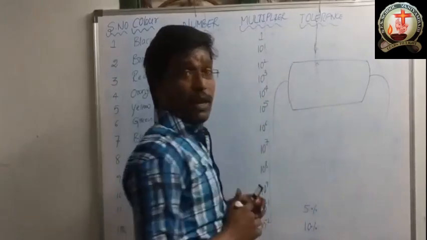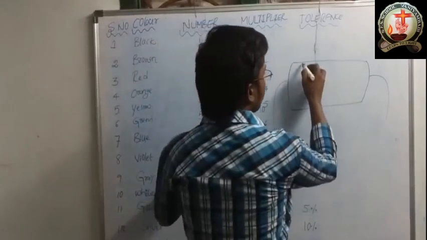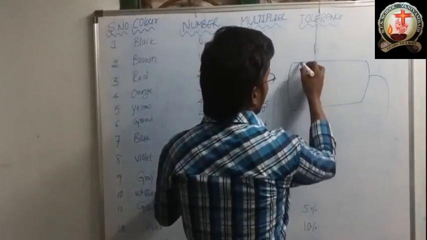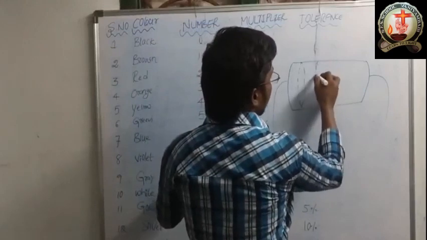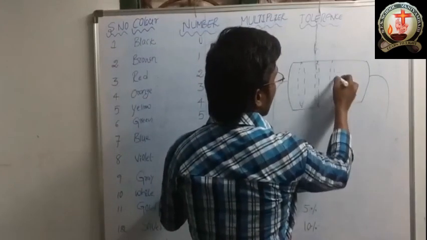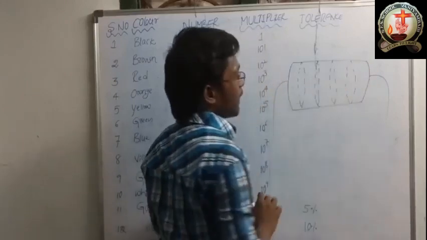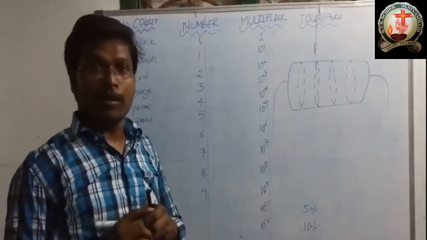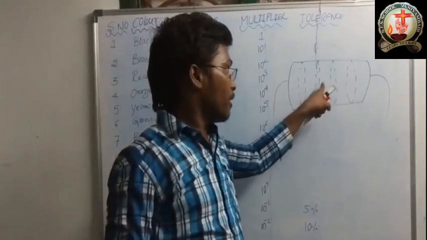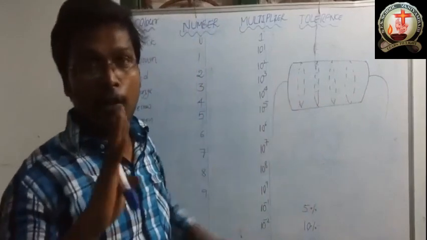I told you already, each and every carbon resistor has 4 rings. So here, this is the first colored ring, this is the second colored ring, this is the third colored ring, and this is the fourth colored ring. This resistor has 4 colored rings.